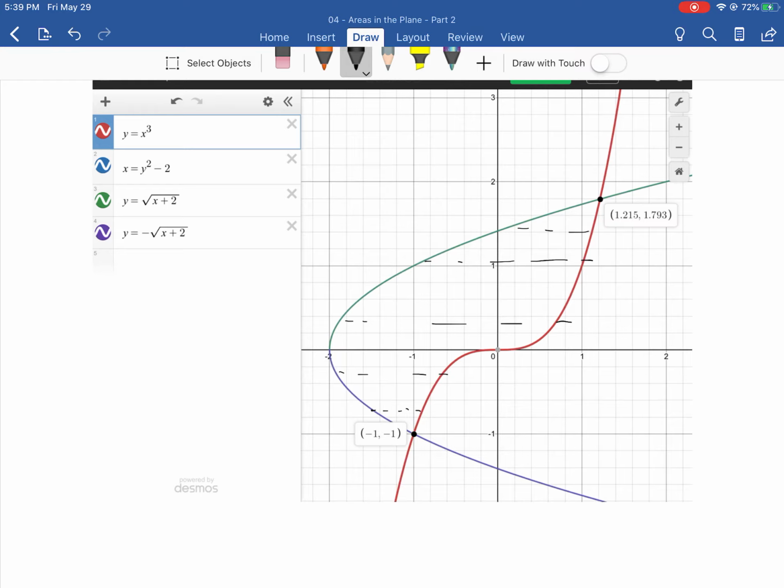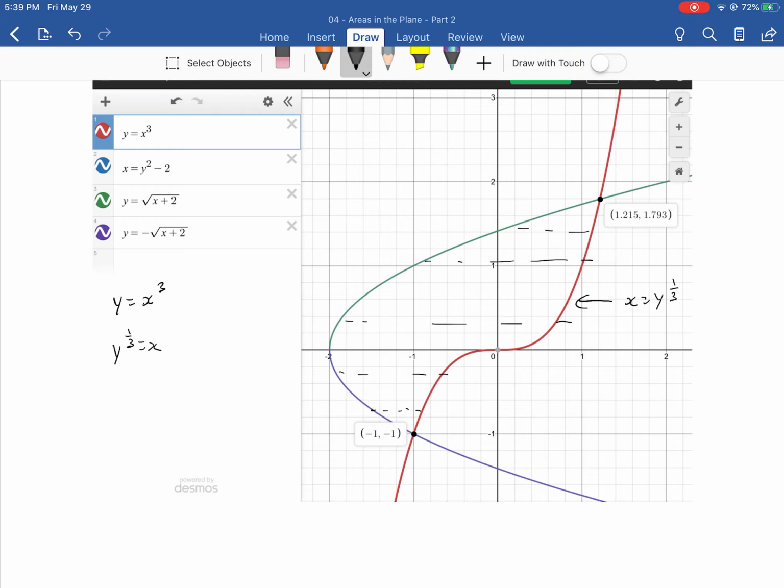Now, I just want to mention that if I'm going to then do this with respect to y, as I've decided here, I've got to rename these functions in their x equals names. So the x equals names of these things: this one, the red function, which is y equals x cubed, I've got to do the cube root, and so what I get is y to the 1/3 equals x.